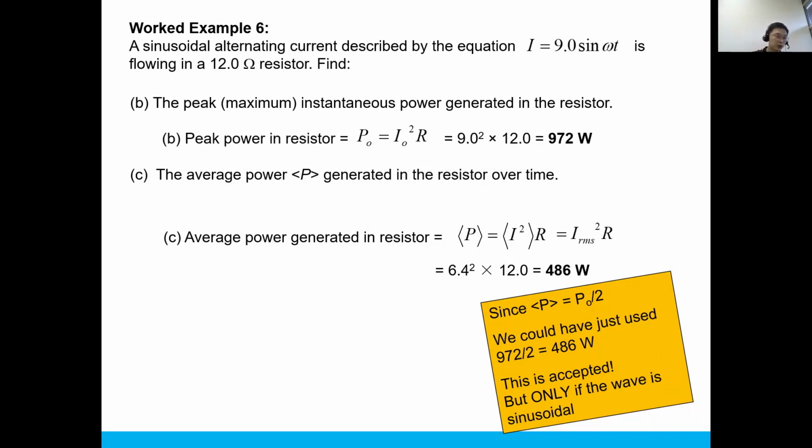This is to consolidate the third equation you have on page 8, which is P naught over 2. But again, this equation is only true if it's a sinusoidal wave. Do not apply this for any other waves.